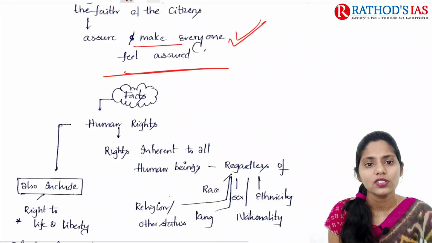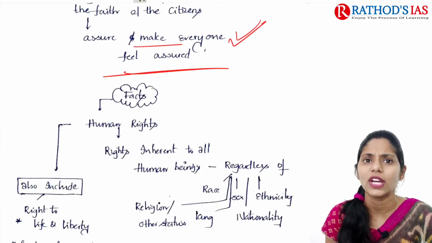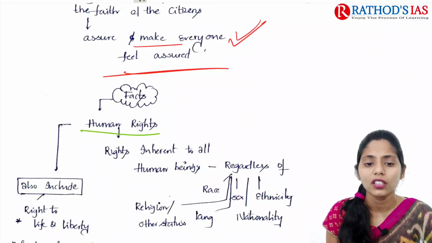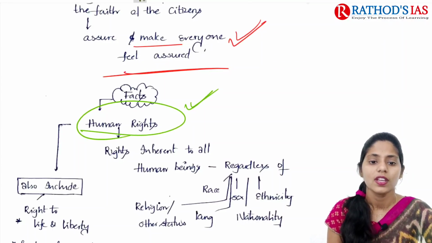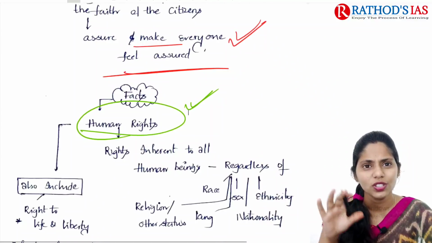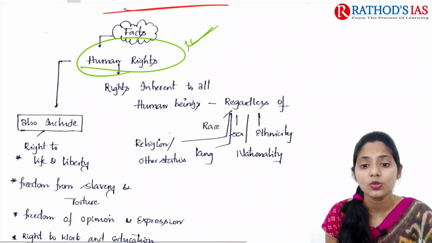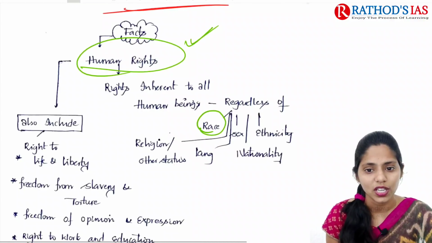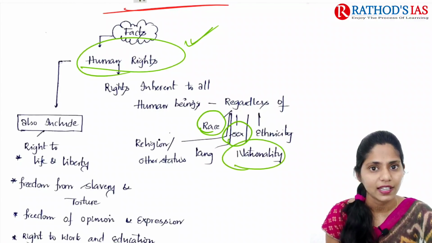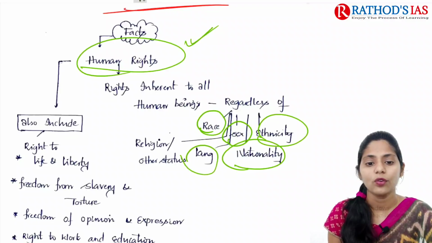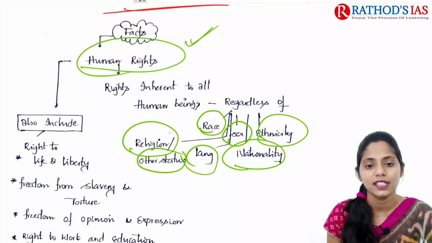Okay, now let us move on to some facts and try to understand what these human rights actually are. Human rights are the rights inherent to all human beings, regardless of race, sex, nationality, ethnicity, language, religion and other status.